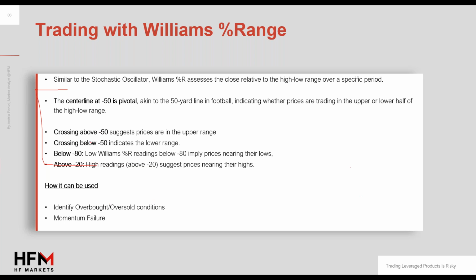You can also use the midline, the center line, the -50 line, because as we said, if the price crosses above the -50, that suggests the prices are in the upper range. If it crosses below the -50, that indicates the prices are in the lower range.